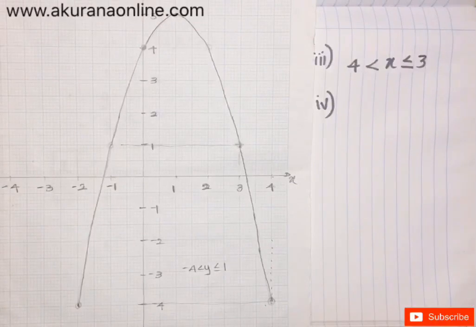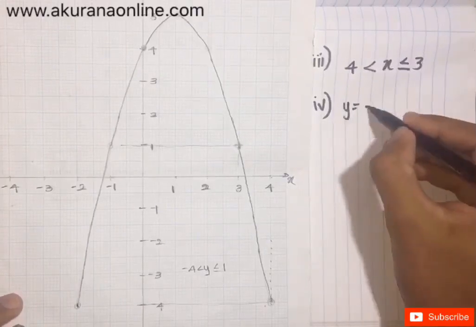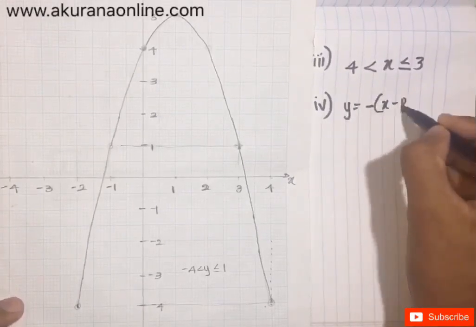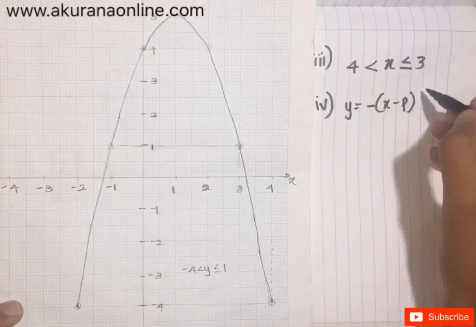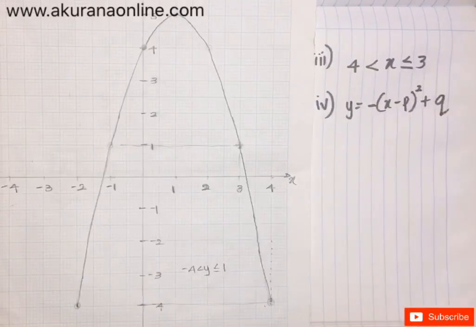Then let us go to the next part, the fourth part. Here it says, suppose that the given equation is written in the form, okay, they have changed the form, that is minus (x minus p) squared plus q.